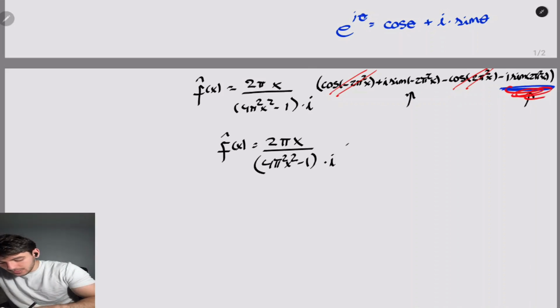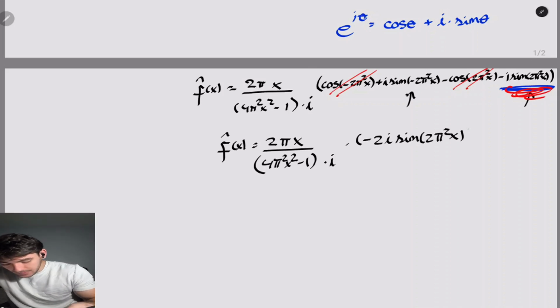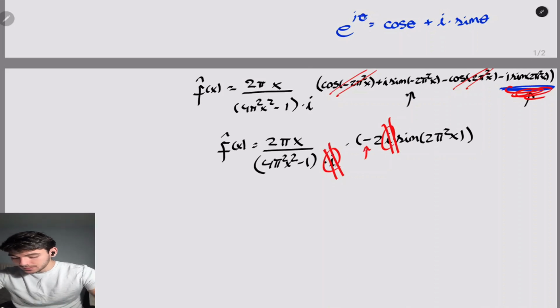So we'll have minus 2 I sine of 2 pi squared x. Okay, so this I here will cut out with this I here. And let's pick this negative sign and just invert the sign here on the denominator.